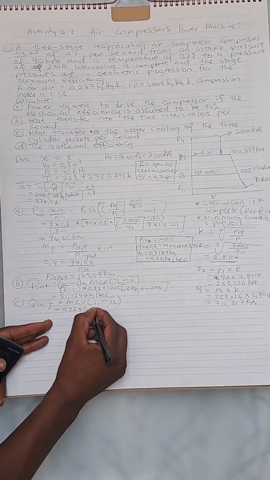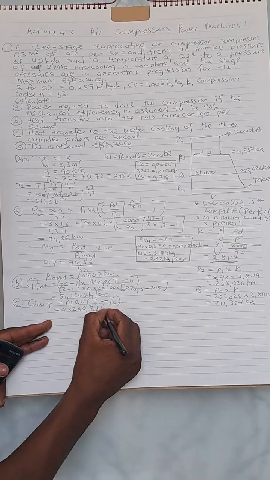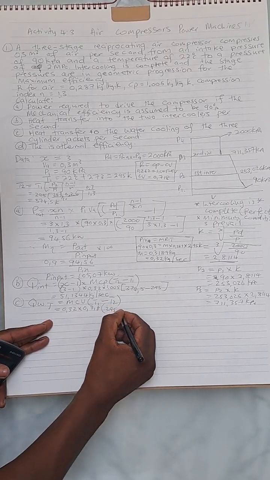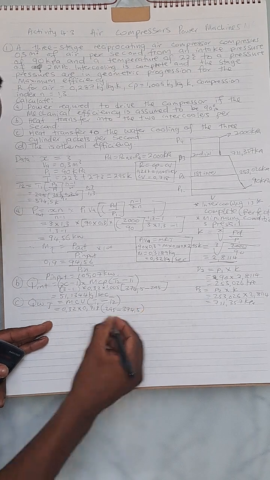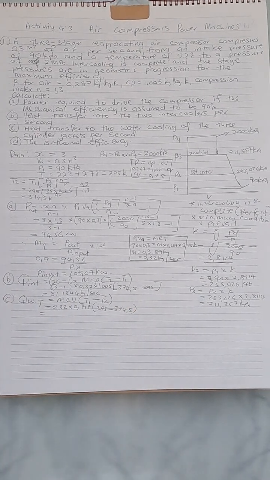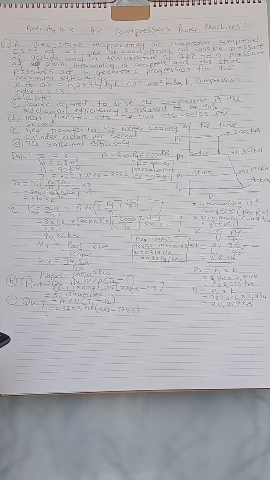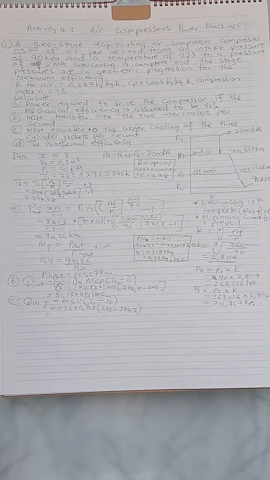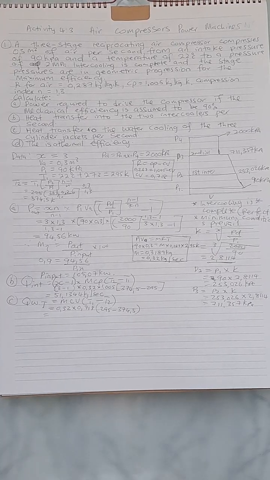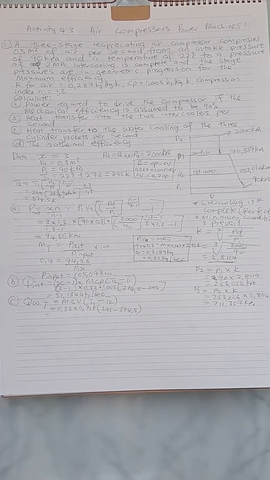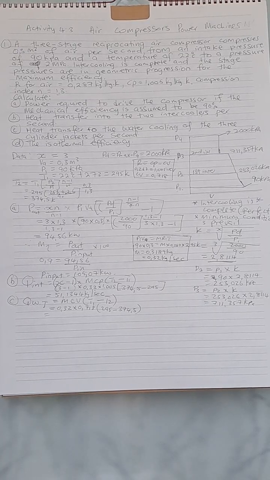So we say 0.718. T1 was 295, T2 374.5. So let's get our answer: 0.32 times 0.718 times 295 minus 374.5.